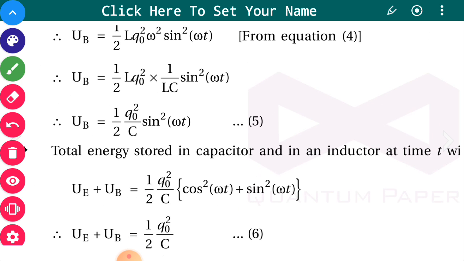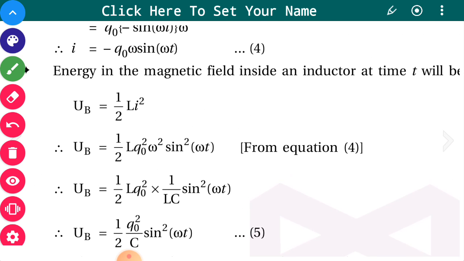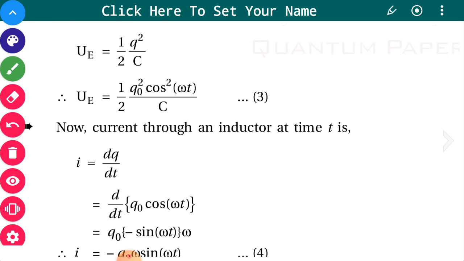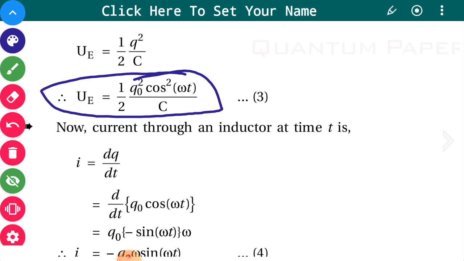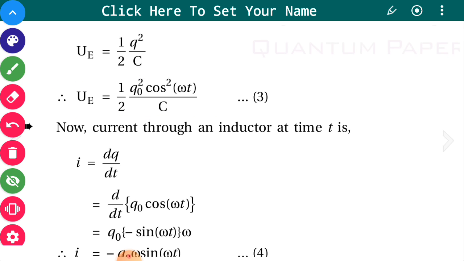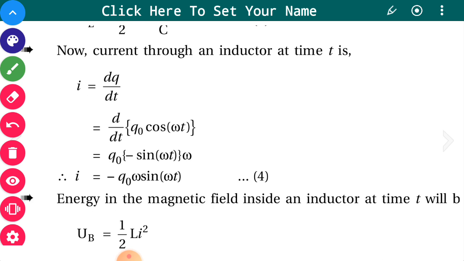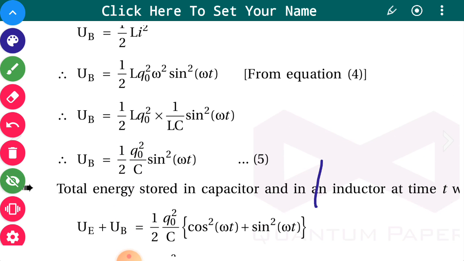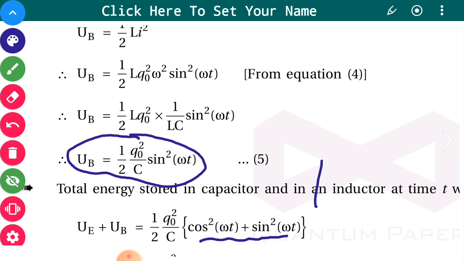Now if you add these two energies, the energy associated with the electric field inside the capacitor, which we got earlier, and the energy associated with the magnetic field, that is 1 by 2 q0 square upon C sin square omega t, then cos square omega t plus sin square omega t comes in the bracket, and 1 by 2 q0 square upon C becomes common.